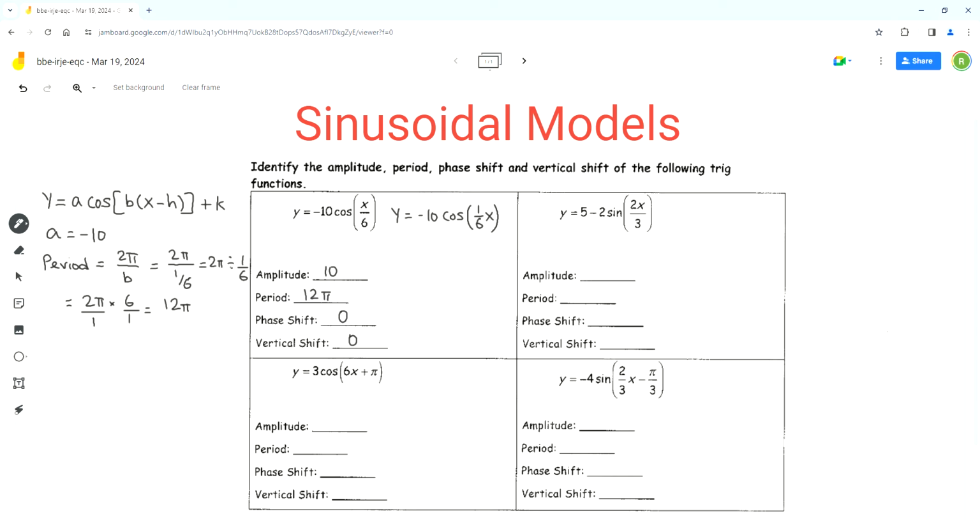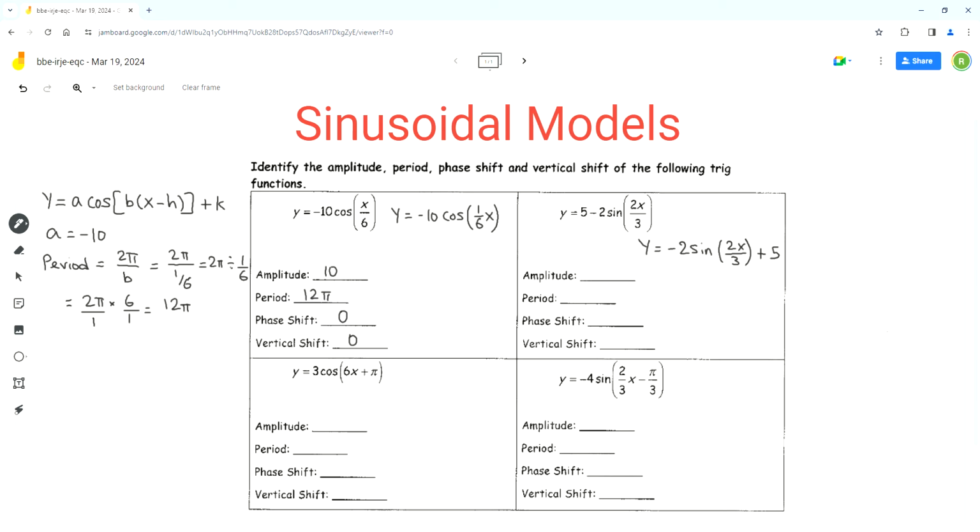Now the second function is a transformed sine function. So for this function, the first step is to rewrite this function so that we can write the sine term first and we can move the number term 5 after it. So we can rewrite this as y equals -2 sine 2x over 3 plus 5.